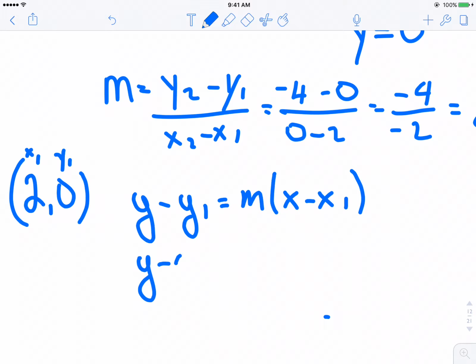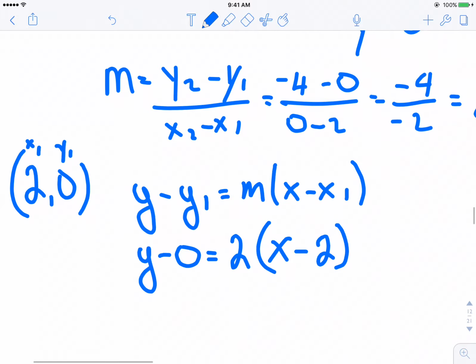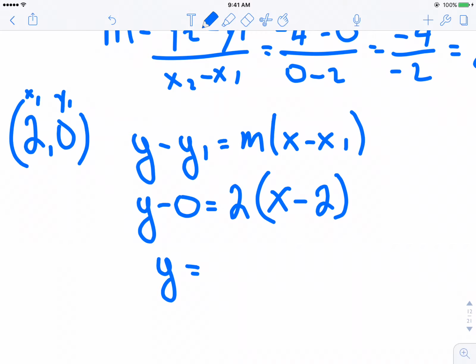Y minus 0 is equal to, my slope was 2, x minus 2. Simplify, get rid of the 0, y is equal to 2 bracket x minus 2. Bada boom, bada bing, that'd be done.